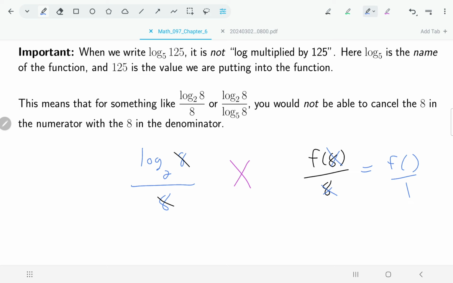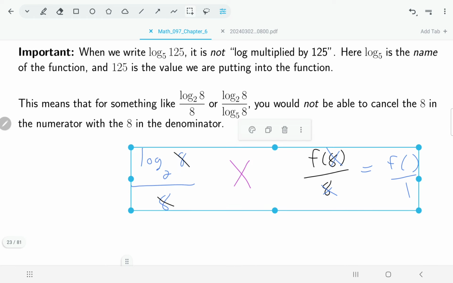That wouldn't make any sense whatsoever. So same sort of thing here. You wouldn't be able to cancel the 8's because 1 is just a number on its own and 1 is a number that's going into a function. Similarly, this 8 in the denominator is just a number on its own, whereas the 8 in the numerator is one that's going inside of a logarithm.